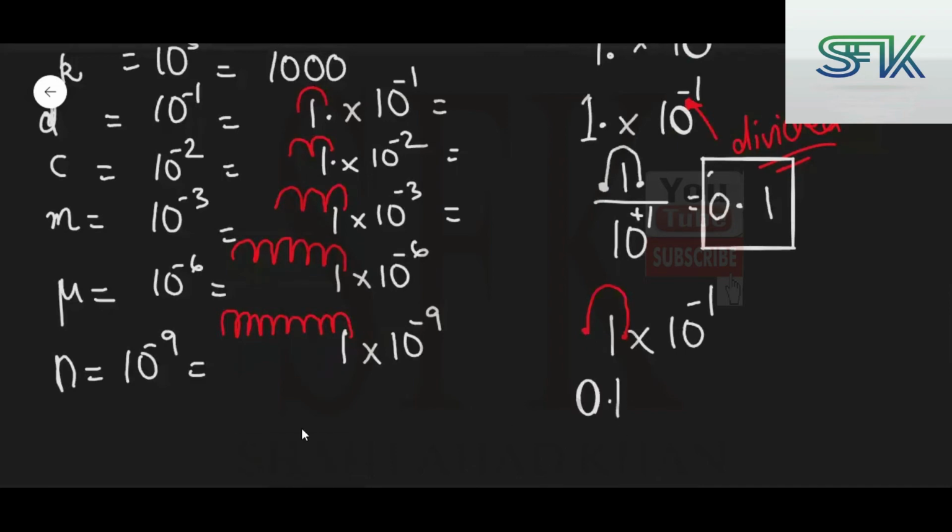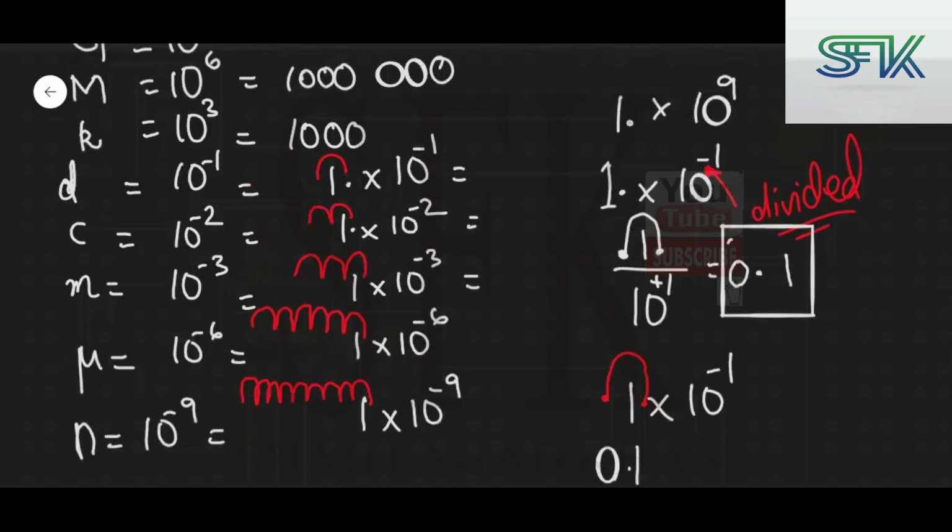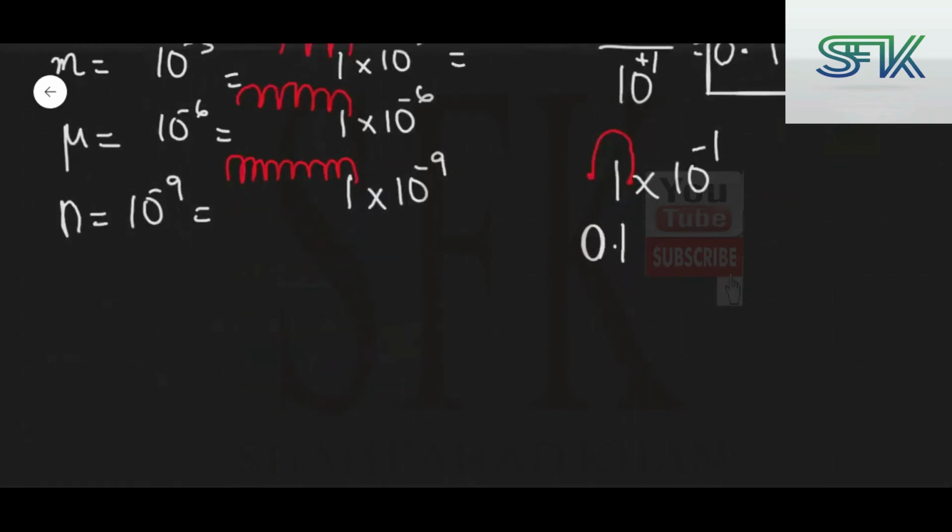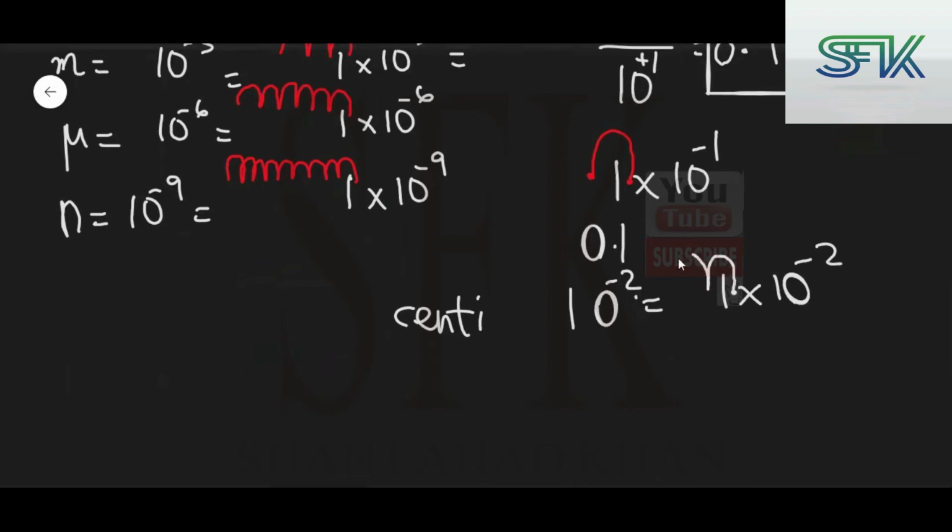In case of centi, just do the same. Centi means 10 raised to the power of minus 2, which can be written as 1 times 10 raised to the power of minus 2. In this case, the decimal is going to jump by 2 digits, 1 and 2. The decimal is right over here. Look at the number of semicircles.